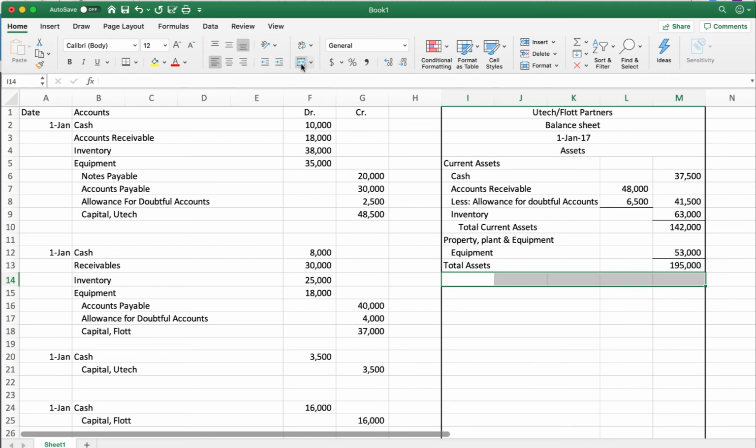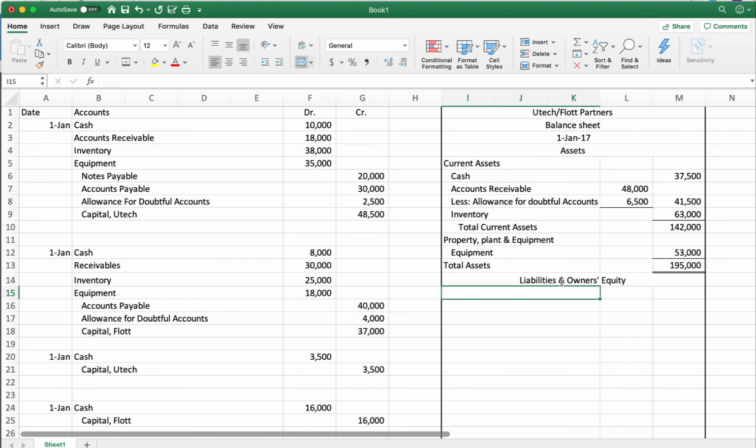I'm going to merge and center once. That puts everything back to normal. Click it again, and notice now everything is centered and merged. So I'm going to type in liabilities and owner's equity. So this is going to be the liabilities and owner's equity section of my balance sheet.